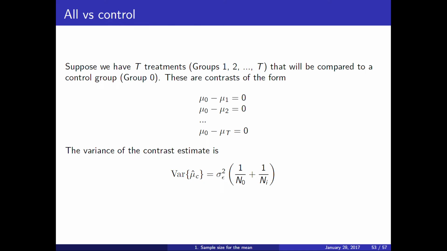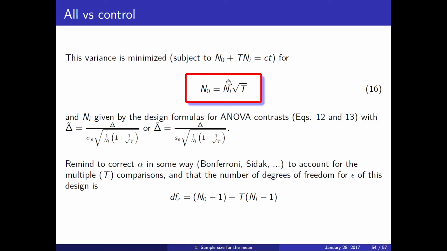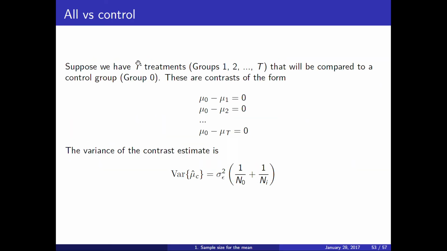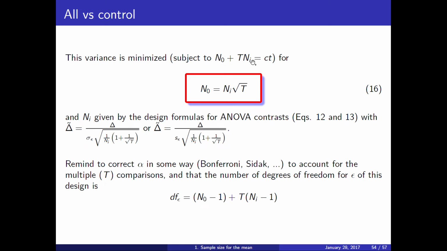So you want to be precise in the control group. So the variance of all these contrasts is this one. Now we know how to compute the contrast and the variance of contrast, so that variance is this one. So we may try to minimize that variance of this contrast subject to this constraint.